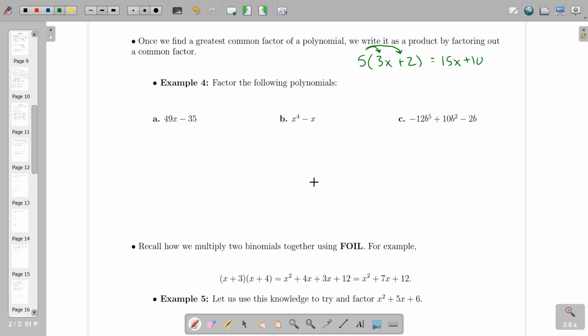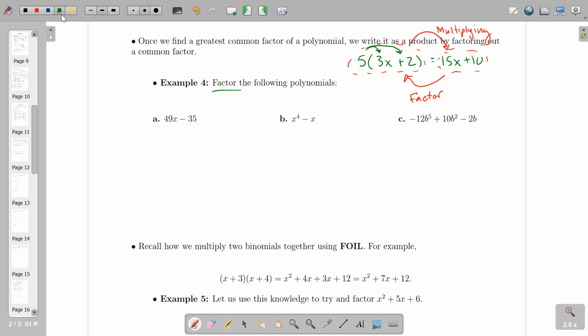And so when I say I want us to factor something, factoring means go back the other direction, right? So in other words, to go from this to this in that direction, that is me multiplying or distributing. To go from here to here is to factor.